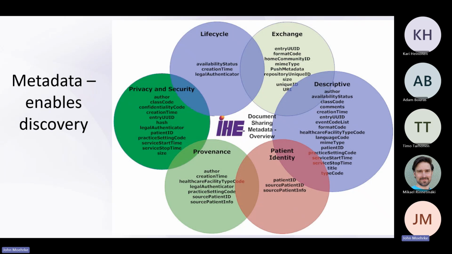Patient identity, what was that patient's information when this document was published 10 years ago? What's the provenance? Who was the author? When was it created? Those kinds of information. Privacy and security elements, including some integrity checks of hash and size, but also some information around the confidentiality codes assigned to the document.